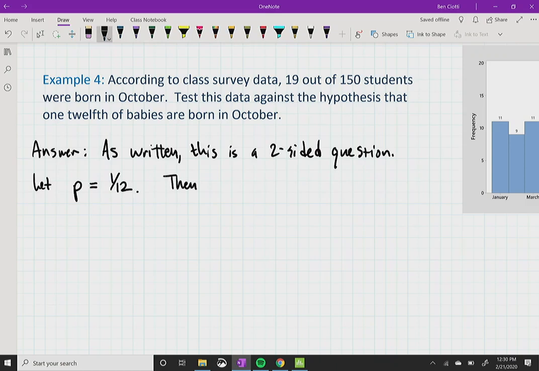Then our null hypothesis, which is to say that there's nothing special going on with October... sorry, hold on. Sorry, let me go back a couple steps.